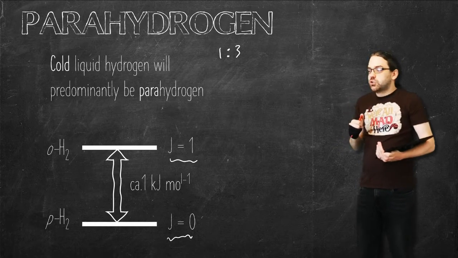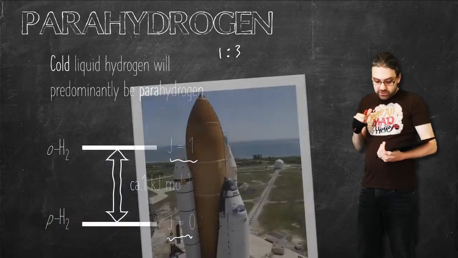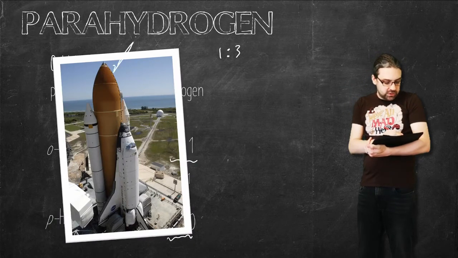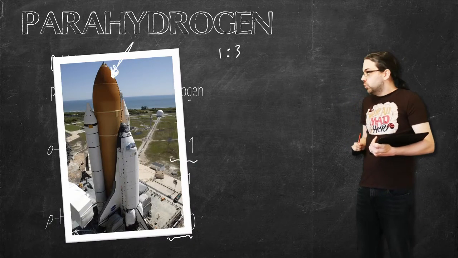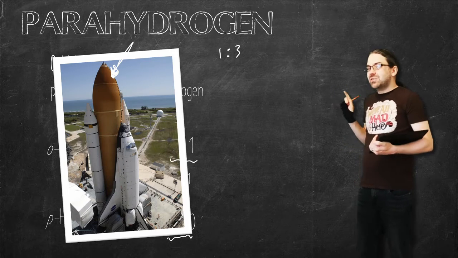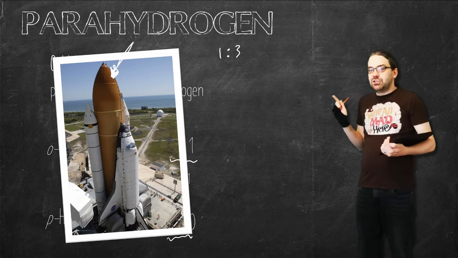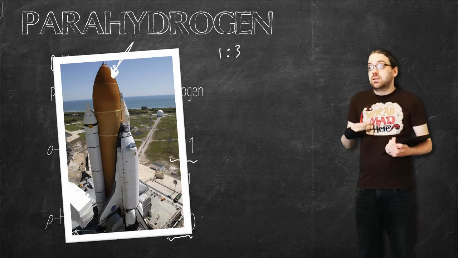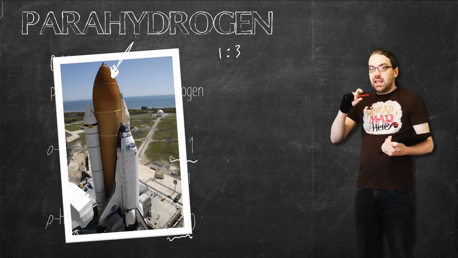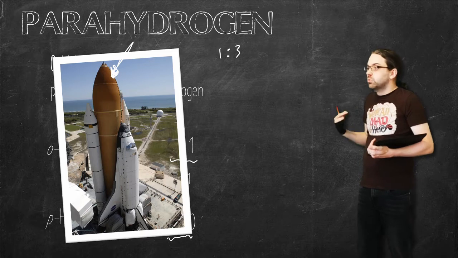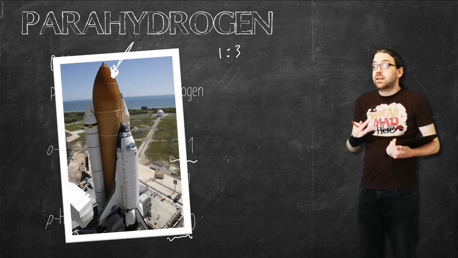That has an interesting consequence if you're dealing with a lot of hydrogen, for instance, because if you remember this thing, that big orange fuel tank there is filled with very cold liquid hydrogen. And it's not necessarily parahydrogen either, it could be a mixture, because it's a spin forbidden process, it needs catalyzed. If it suddenly happens, if it drops from J equals 1 to J equals 0 inside there, it releases energy.